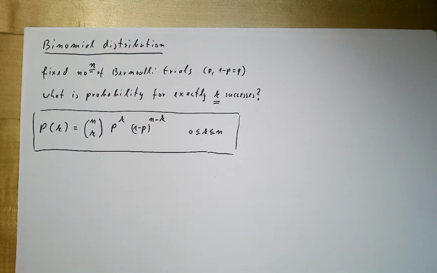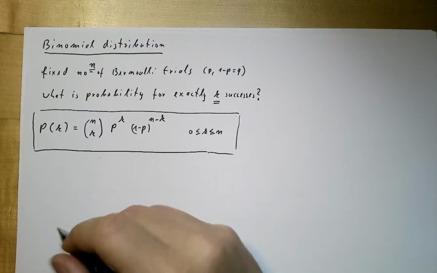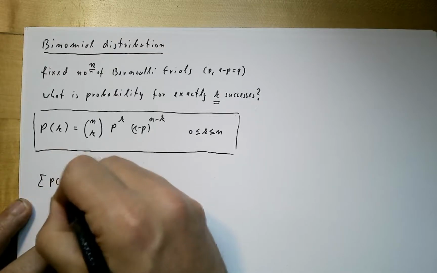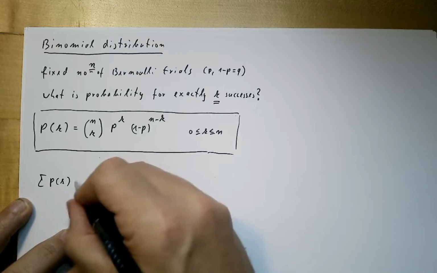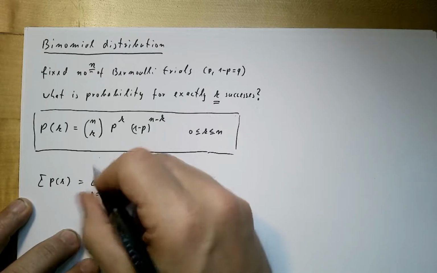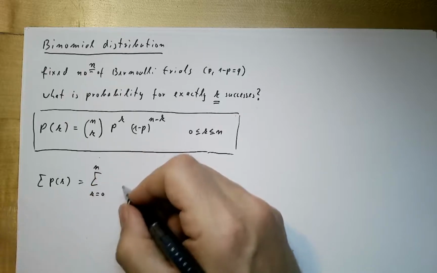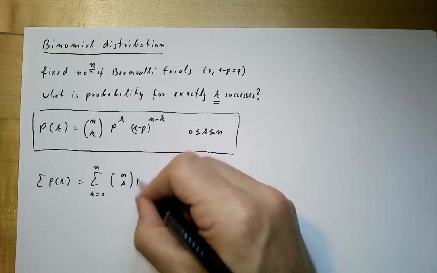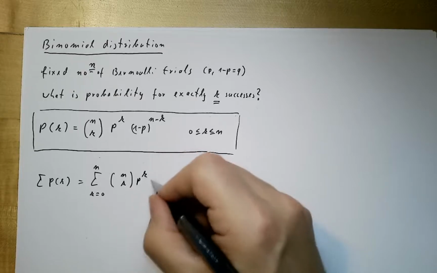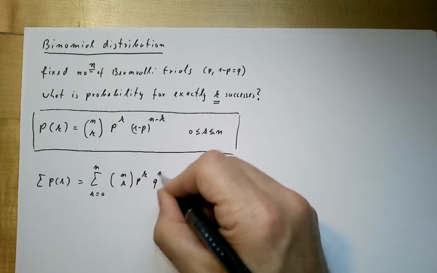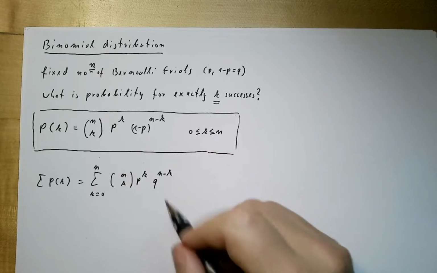So is this really a probability distribution? Is this really normalized? Let's calculate the sum of all this p of k. So now we have to sum from k equals 0 to n, n over k, p to the k, and this 1 minus p we call it q, always q to the n minus k.